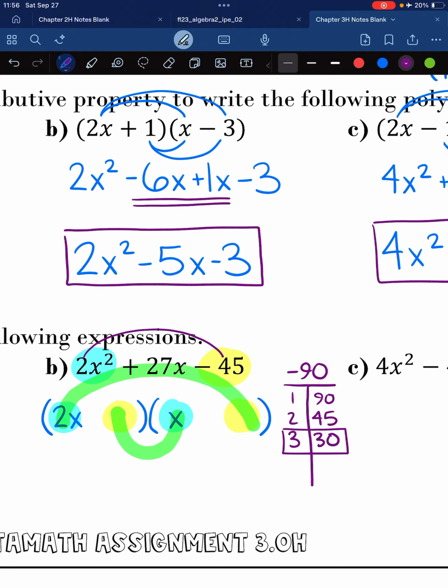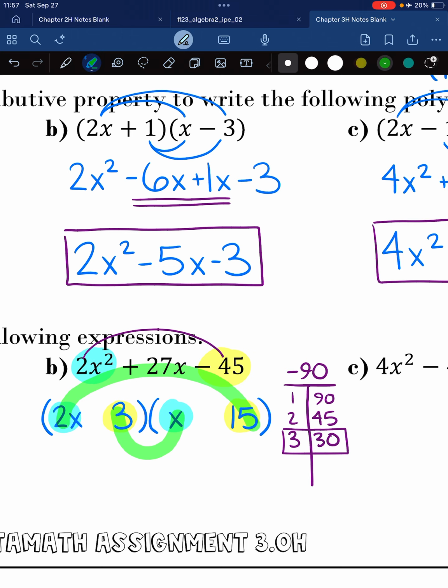Okay, so then I need to make sure that these two rainbows, so this guy and this guy, end up multiplying to 3 and 30 somehow. I can see that hopefully 2 times 15 is going to be 30, and 3, there we go, so now I have 3 and 30 on my two green arcs there.